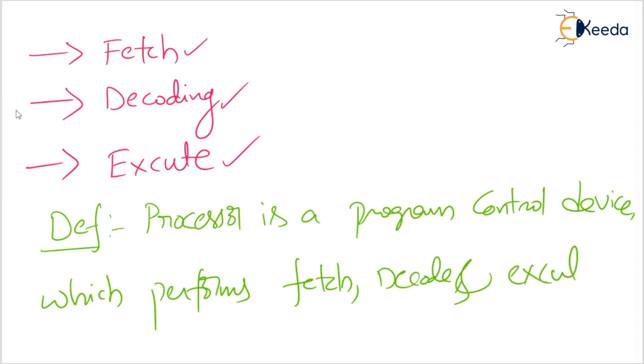So this is the exact definition of a processor: a program control device which performs fetching, decoding, and execution.